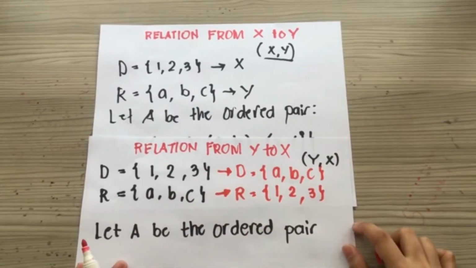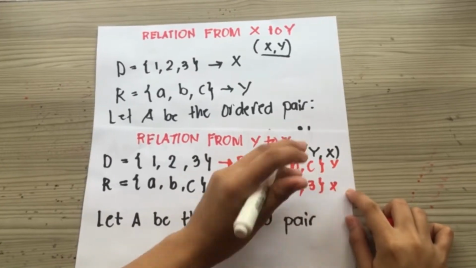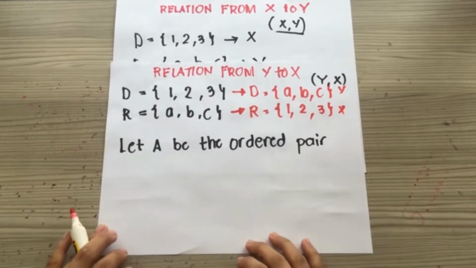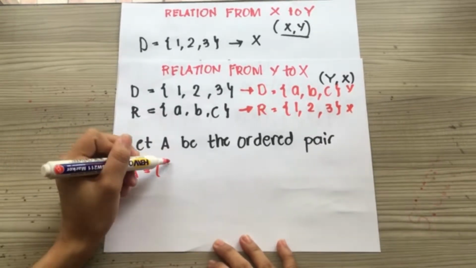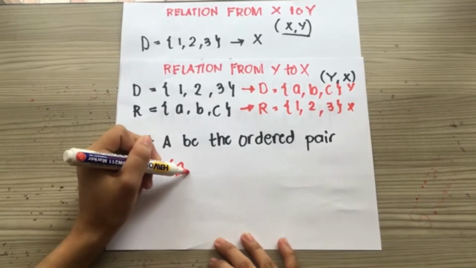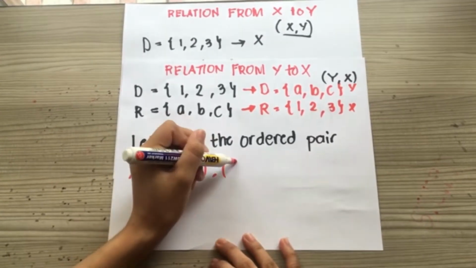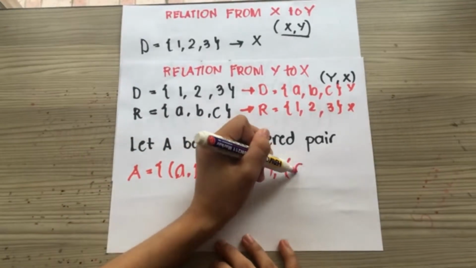If we let A be the set of ordered pairs again, A is equal to (A, 1), (B, 2), and (C, 3).